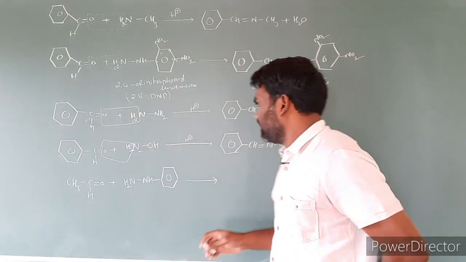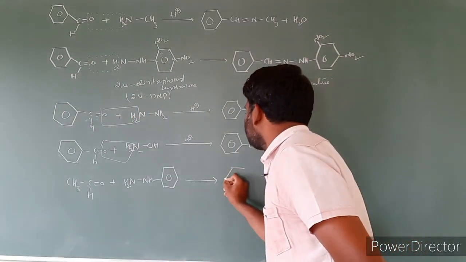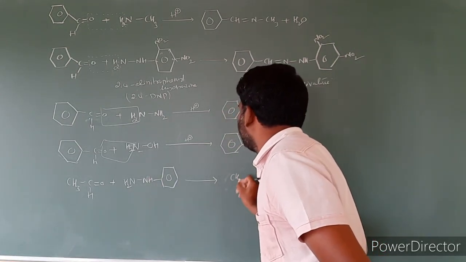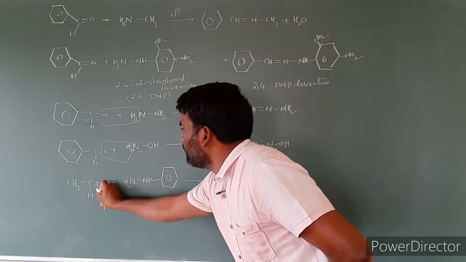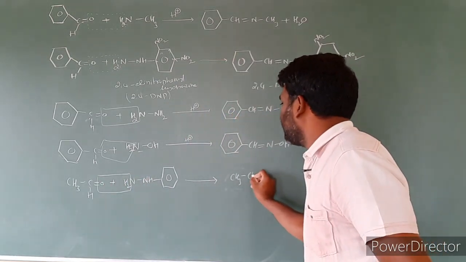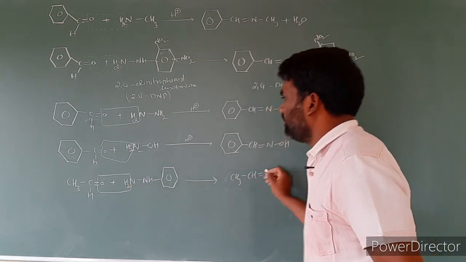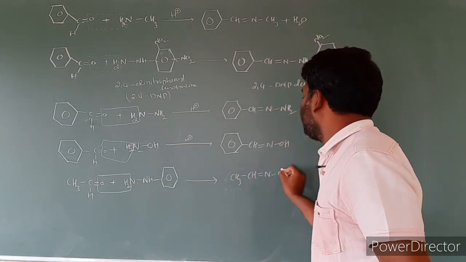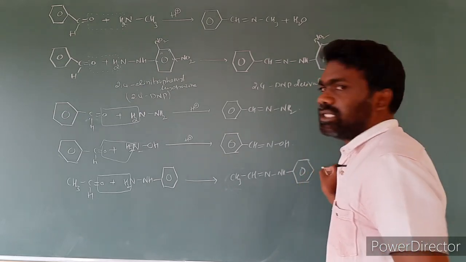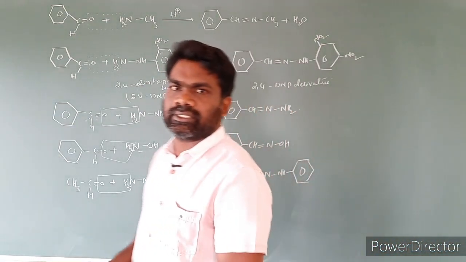The product is CH3, we remove this in the form of water, CH3 CH double bond NH benzene. So this is the product formed in this reaction.